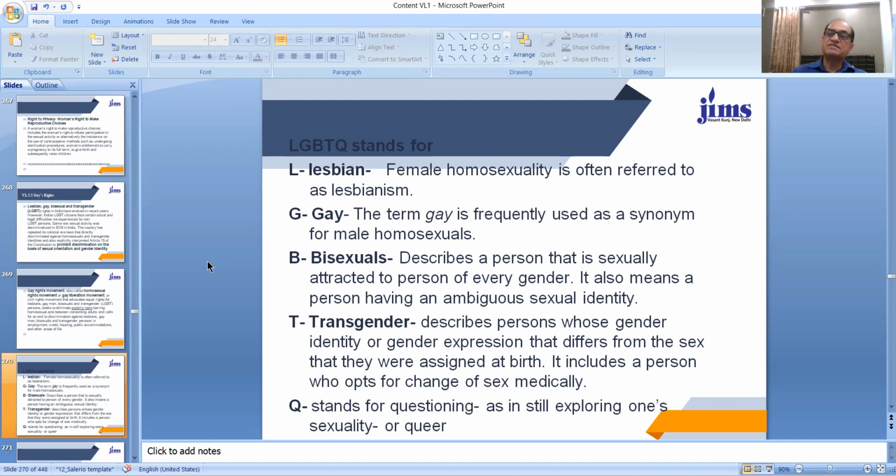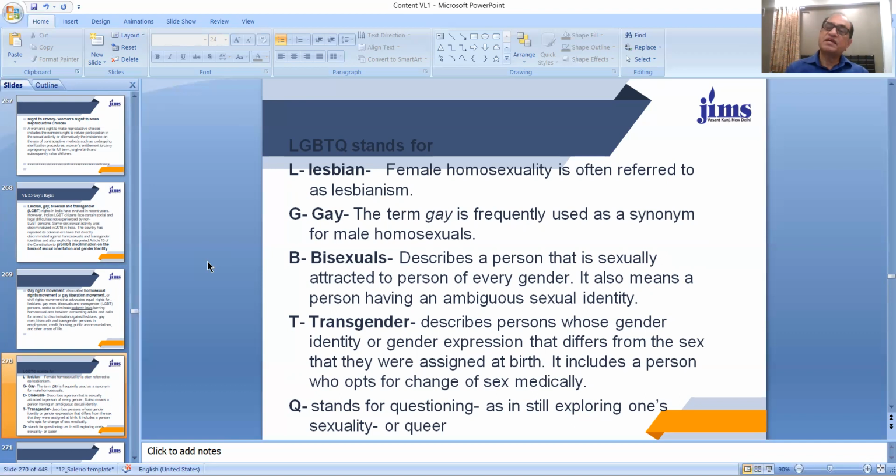Then comes T for transgender. This describes persons whose gender identity or gender expression differs from the sex that they were assigned at birth. It includes a person who opts for change of sex medically. So transgender means, suppose a person was male at the time of birth, but now his sexual identity is female.